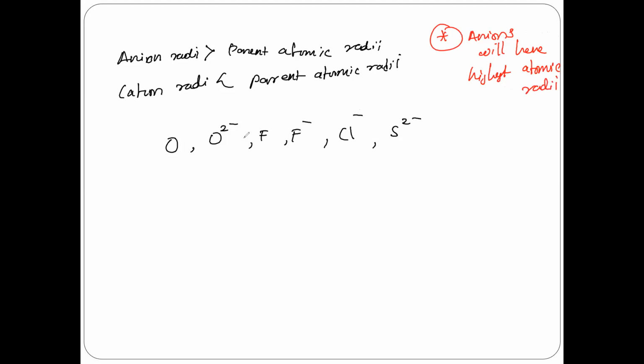So let's take the anions first: O2 minus, F minus, Cl minus, S2 minus. The first thing is to check the number of shells. As the number of shells increases, the atomic radii will increase.